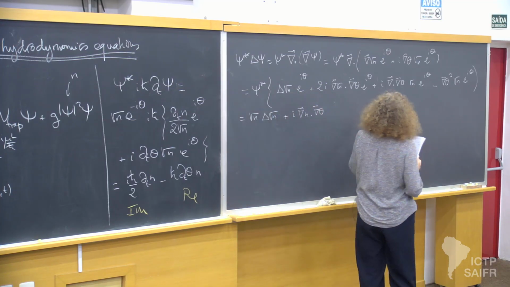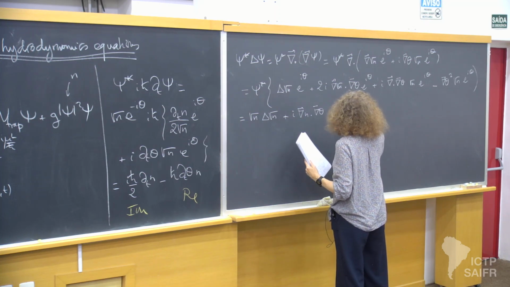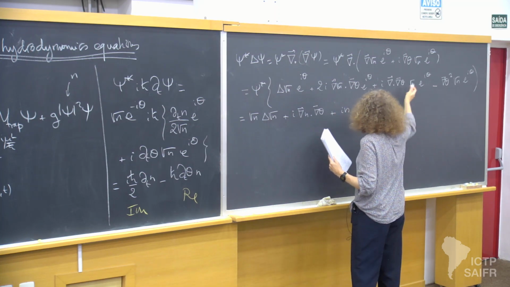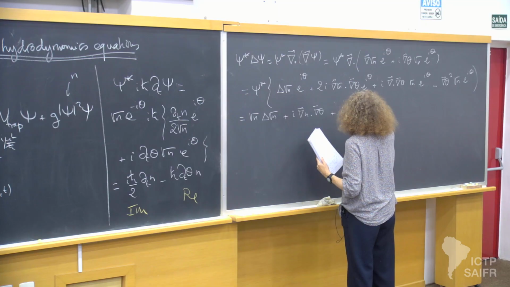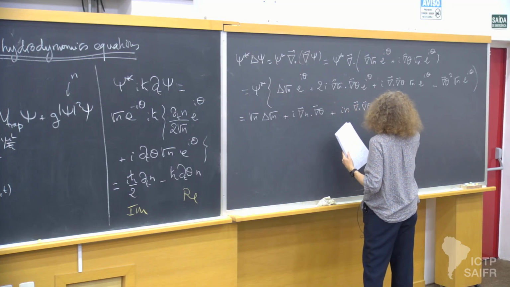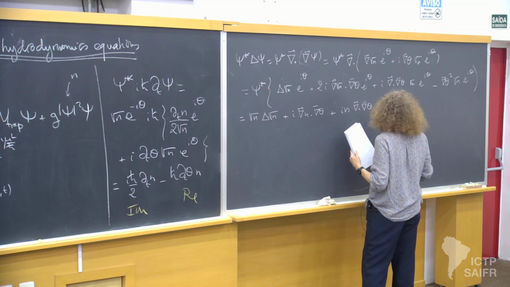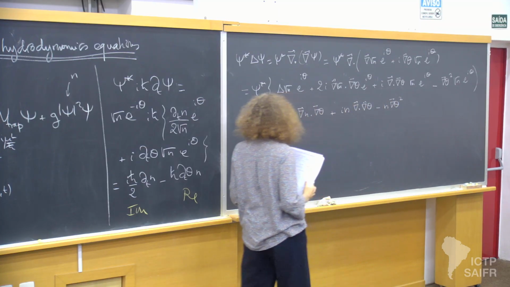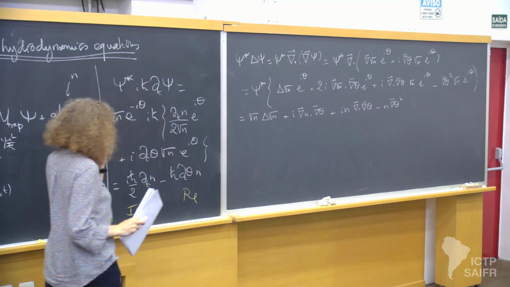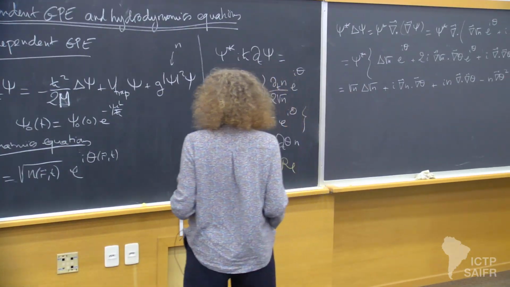And this one I will keep like that, plus I n, because of the square root of n, divergence of gradient of theta, minus n gradient of theta squared. Very good.